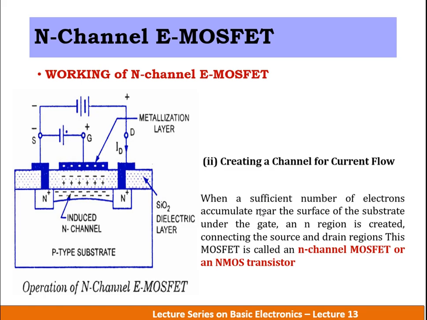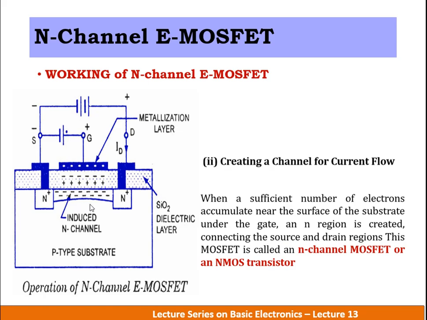When a sufficient number of electrons accumulate near the surface of the substrate under the gate, an N region is created, creating a channel for current flow. This makes the creation of an N region, hence we call it an induced N channel, connecting the source and drain regions.